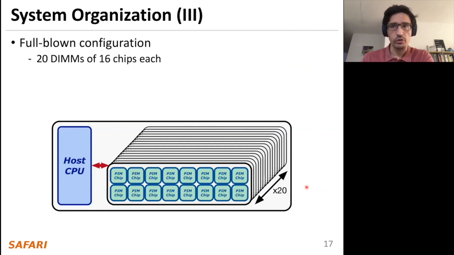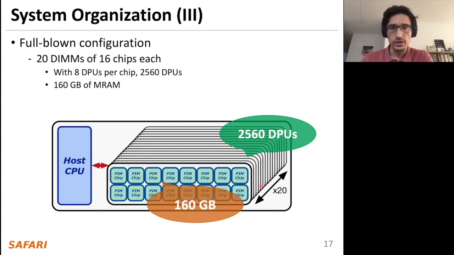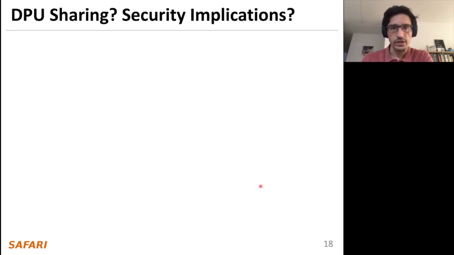It's already possible to have a much more powerful configuration with 20 DIMMs of 16 chips each, because still in each of the chips we have 8 DPUs. This makes 2,560 DPUs in a system, and a total of 160 gigabytes.